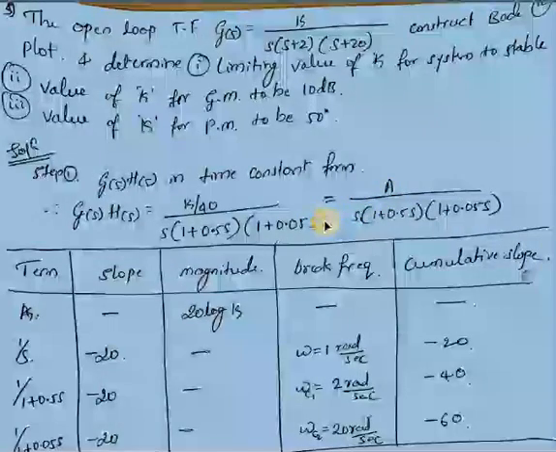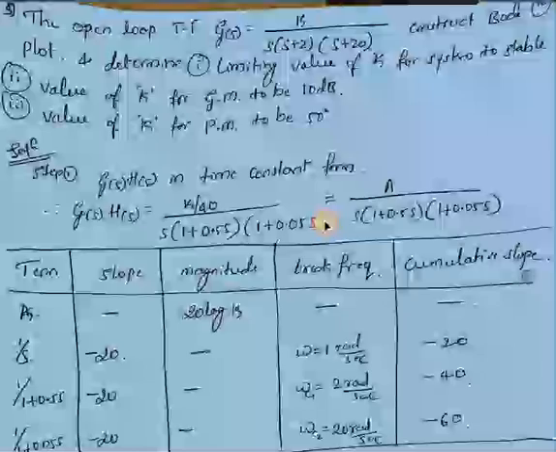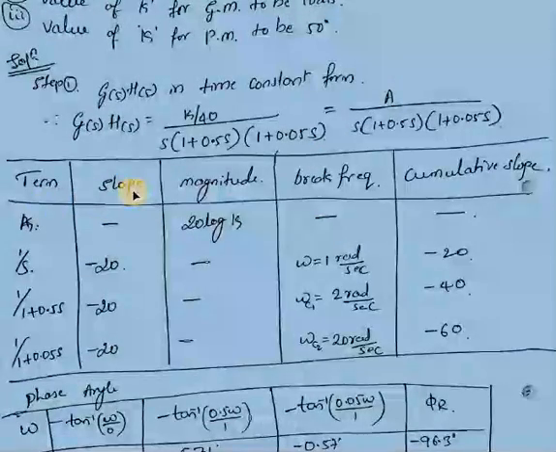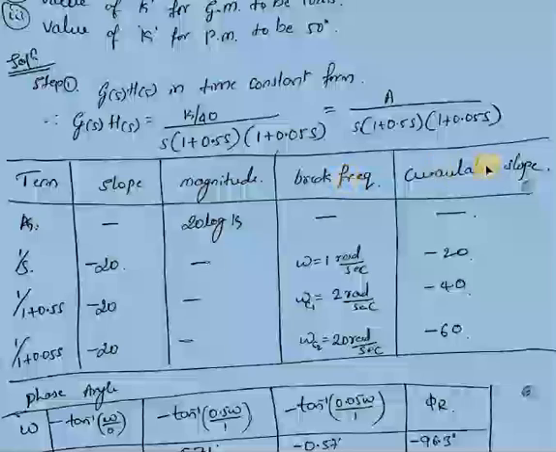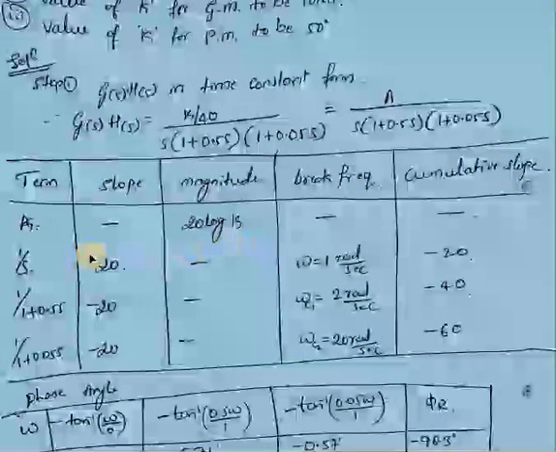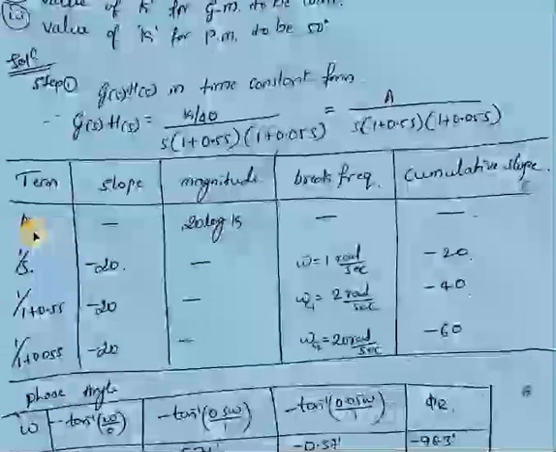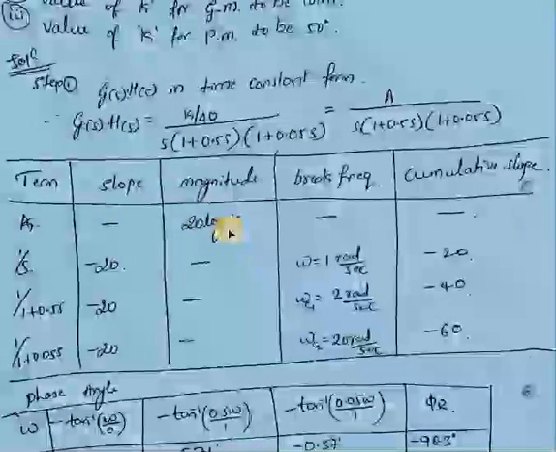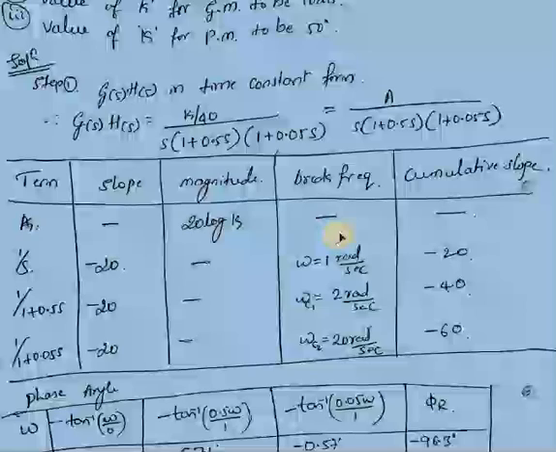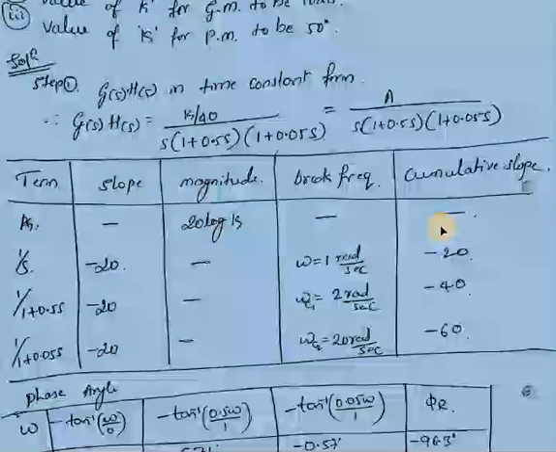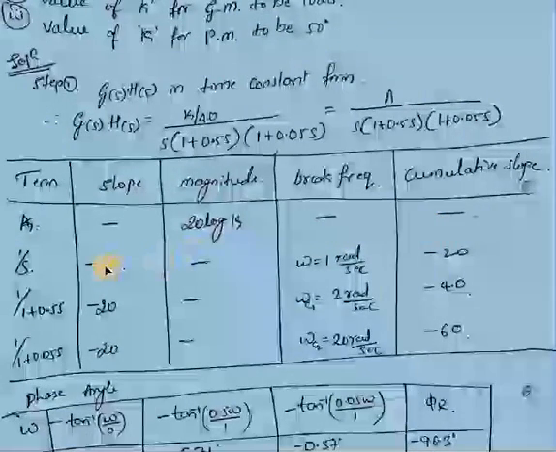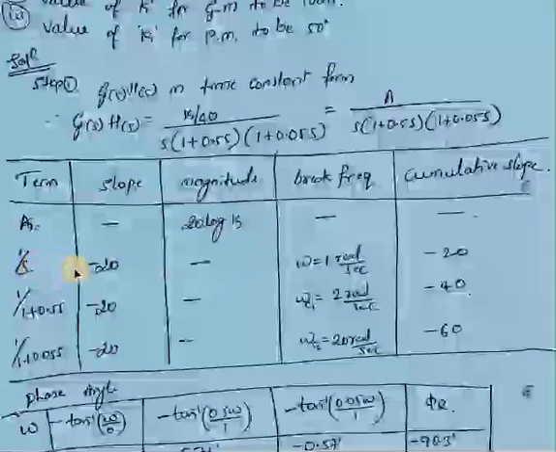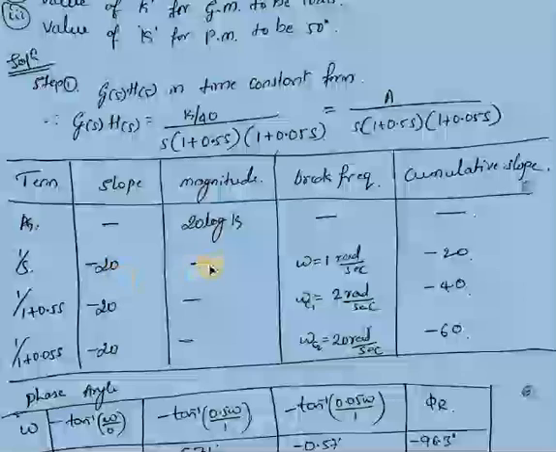Then we need to construct the table: the term, slope, magnitude, break frequency and cumulative slope. Here the first one is unknown, that is K or A, so 20 log K or 20 log A. Break frequency is 0 and there is no cumulative slope for this. Then the first term is a simple pole at the origin, 1 by s, so minus 20 is the slope.